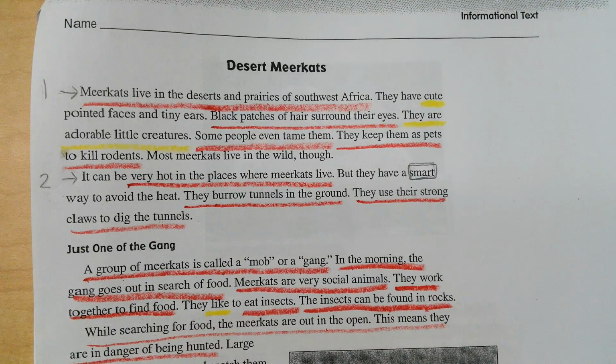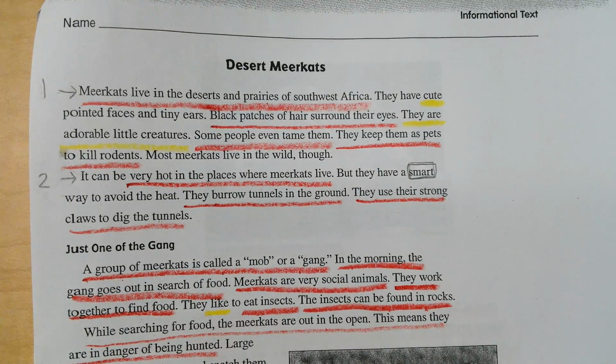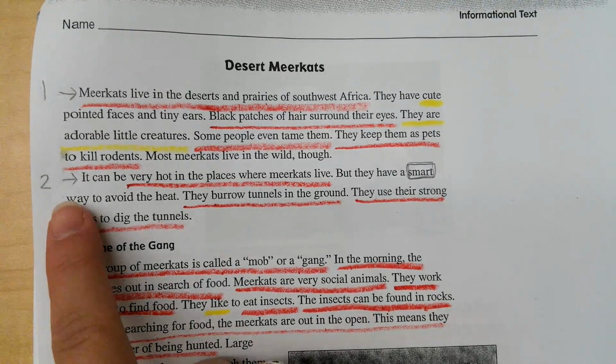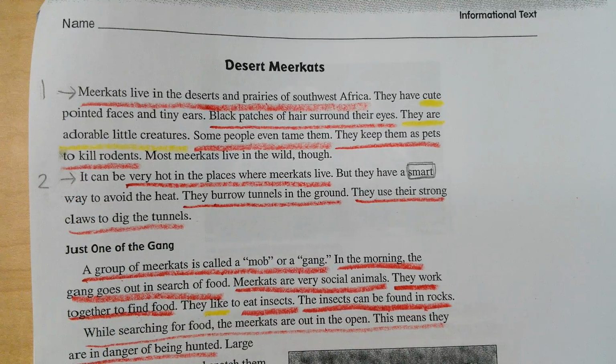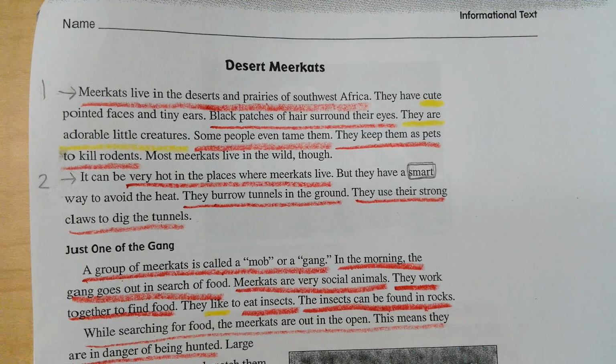In the first paragraph, the author uses the words cute and adorable to describe the meerkats. And in the second paragraph, he uses the word smart to describe them.